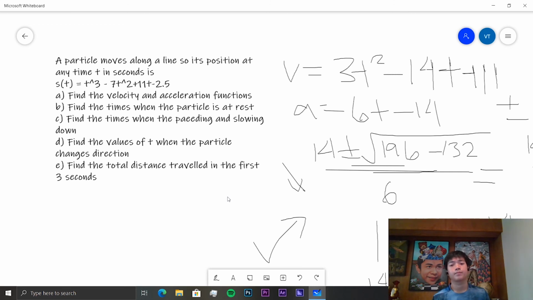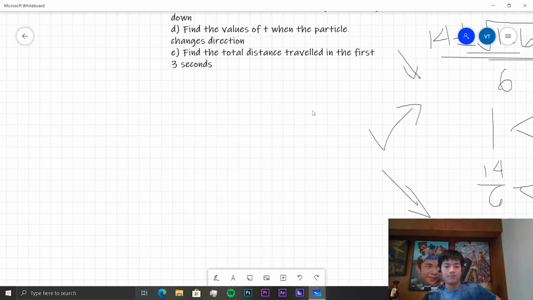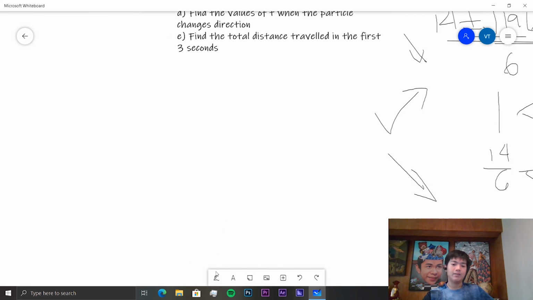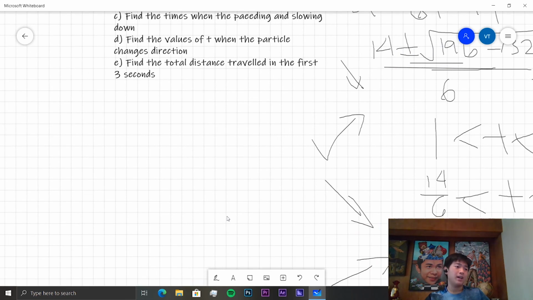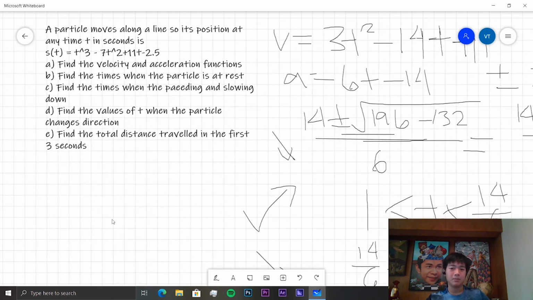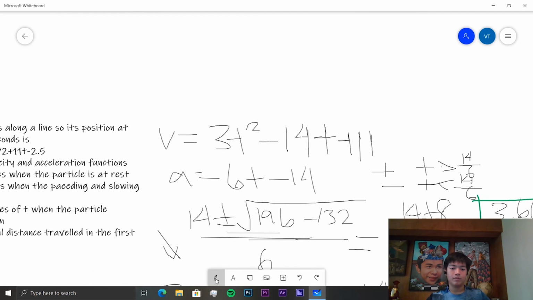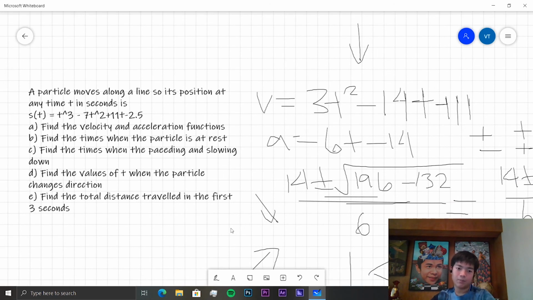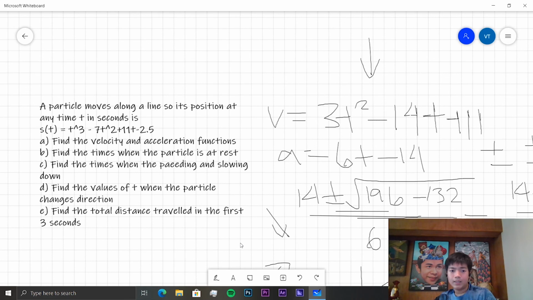To find the total distance traveled in the first 3 seconds, not knowing any integration, what would we do? Well, we have the graph of the displacement, and I guess we just need to find the difference between all the minimums and the maximums. We have really here two minimums, so 2 times when the velocity is equal to 0 and the particle changes direction. So this won't be too hard.